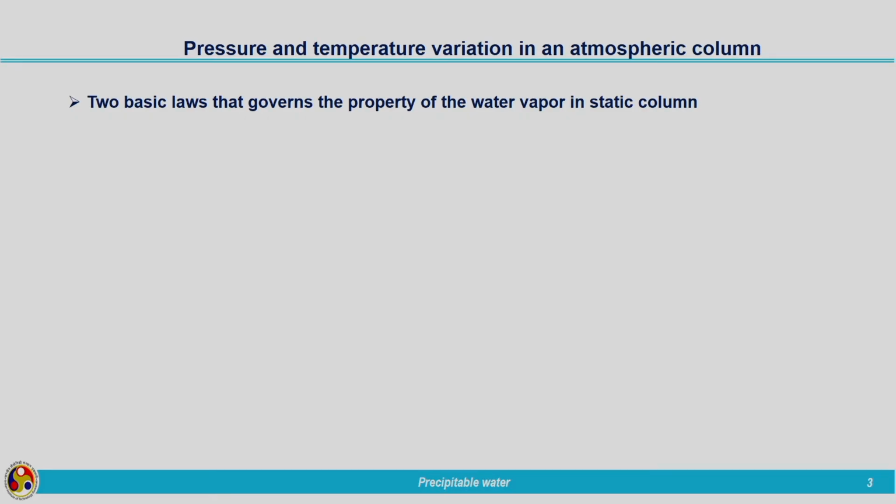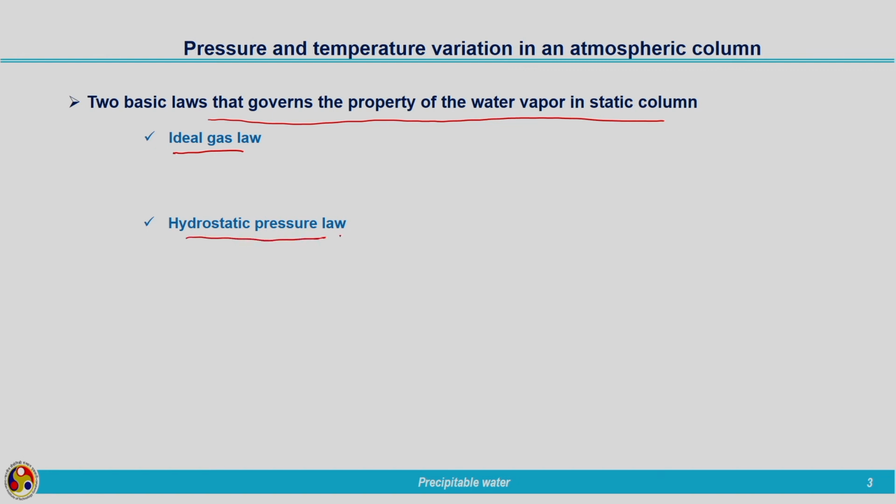For that we need to have the understanding of two basic laws. These two basic laws we have already studied, that is, the basic laws that govern the property of water vapor in a static column. First one is the ideal gas law and second one is the hydrostatic pressure law.